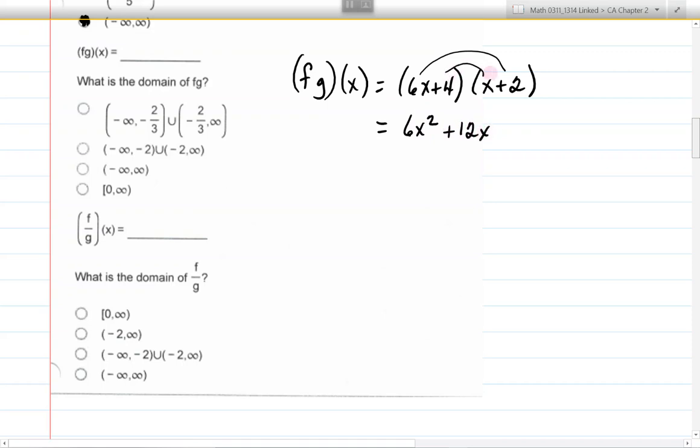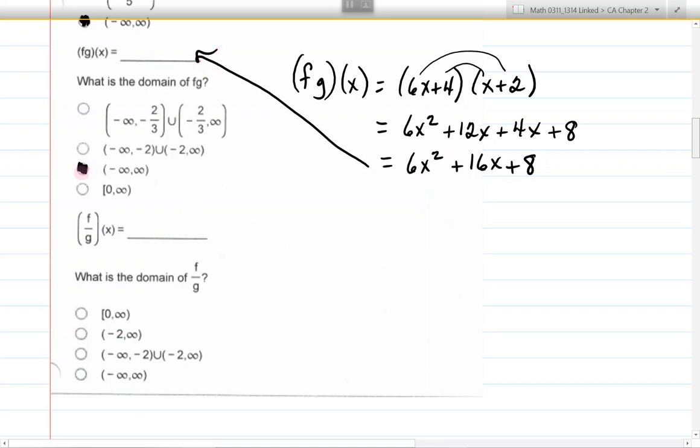The inner product is 4x. Product of the last is 8. That gives me 6x squared plus 16x plus 8, and that is the product function. The domain continues to be all real numbers from negative infinity to positive infinity.